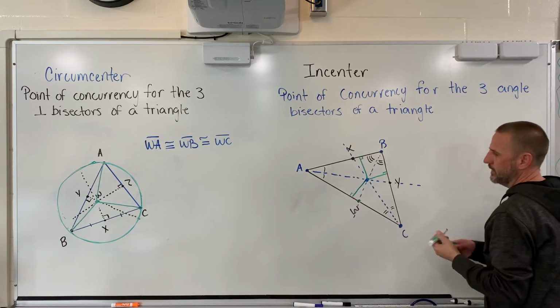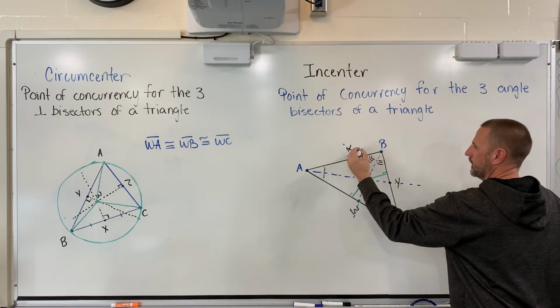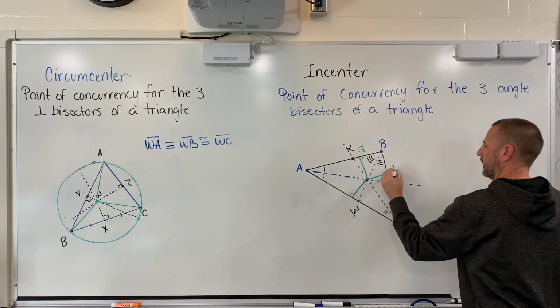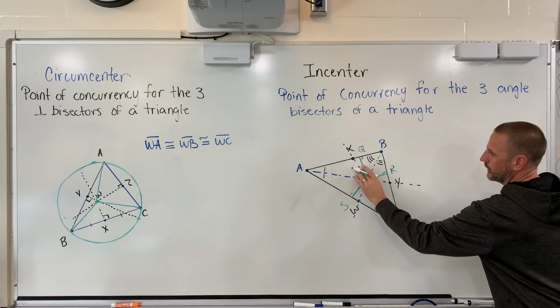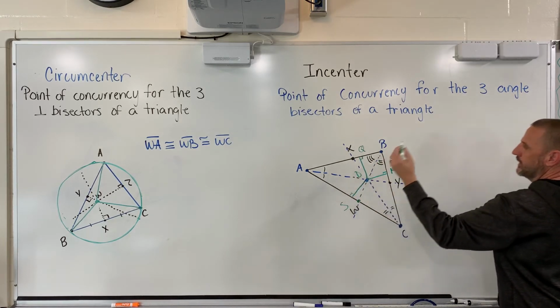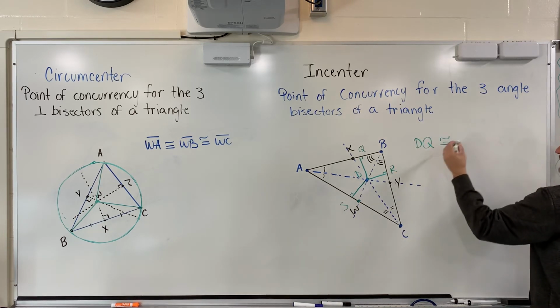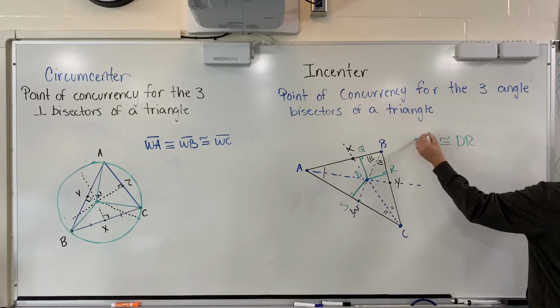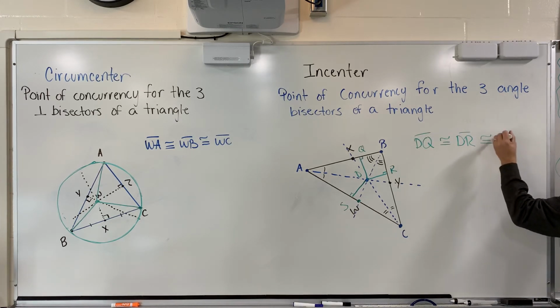So when I measure them out, if I put letters for each of those, maybe I call them Q, R, and S, what would I end up with? And I need a letter for the one in the middle. Let's call that one D. DQ is going to be congruent to DR, which is going to be congruent to DS.